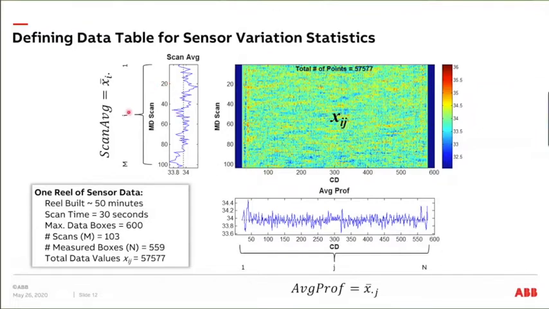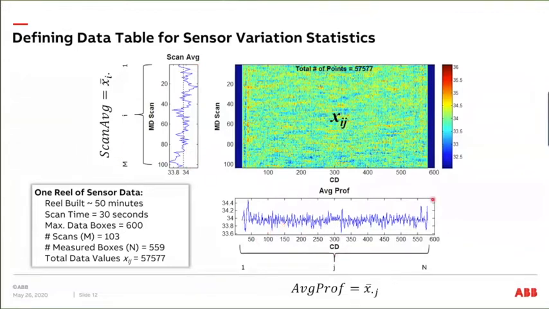The MD scan average is the average of each profile that's measured. When we talk about the average of this data, this is the average of all the scan averages. That's what this value represents.